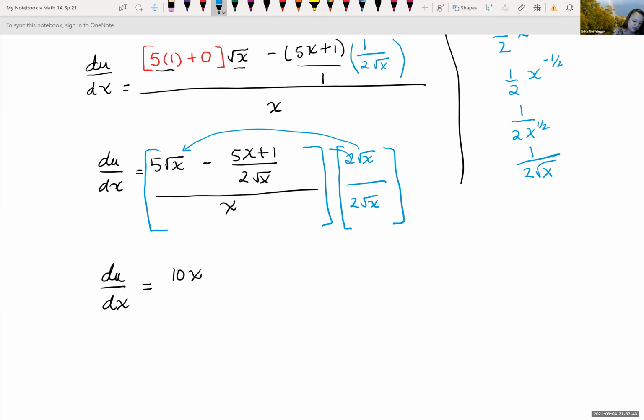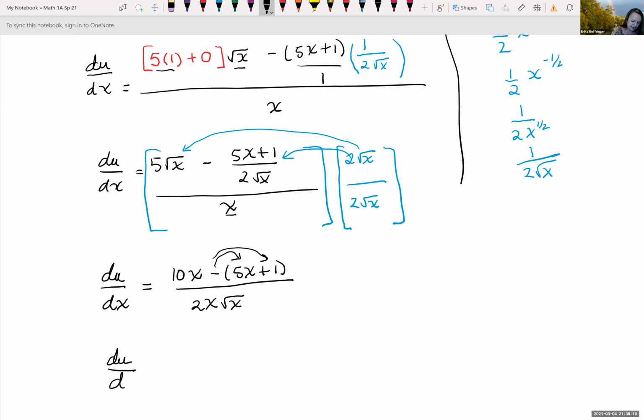Distribute it to the second piece. The whole point was so the denominator went away, we're left with this minus this 5x plus 1, all over, well, x times 2 square roots of x. We can write that as 2x square roots of x. Almost there. Let's distribute our negative sign.